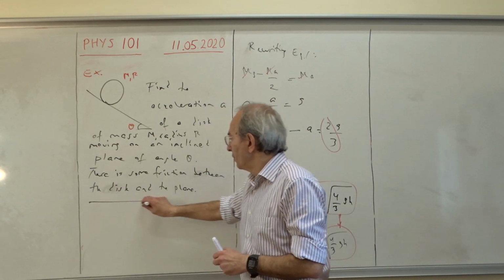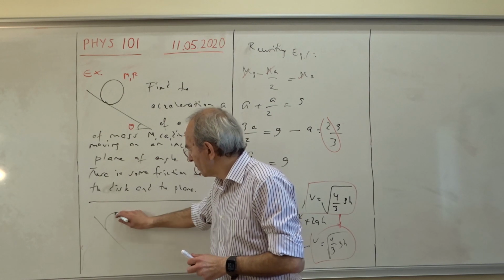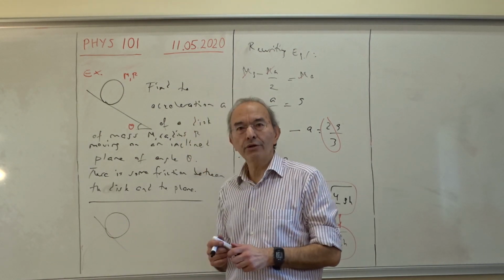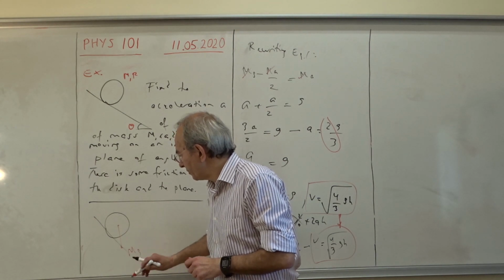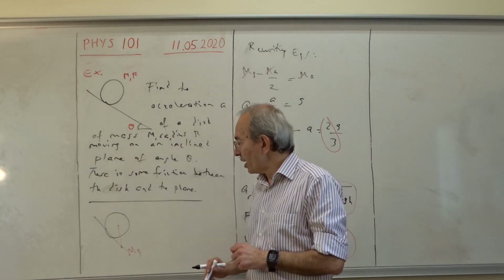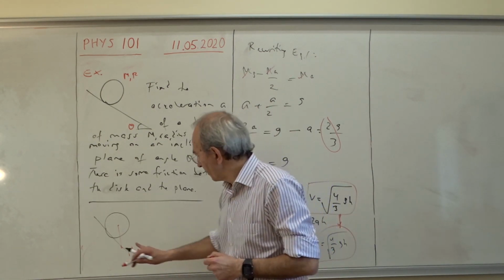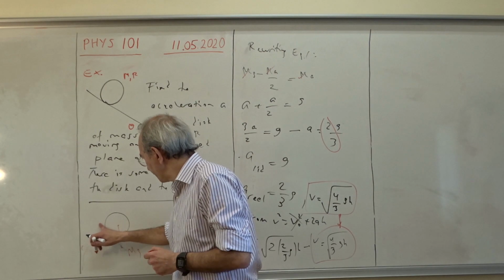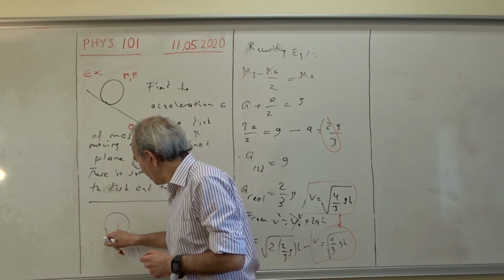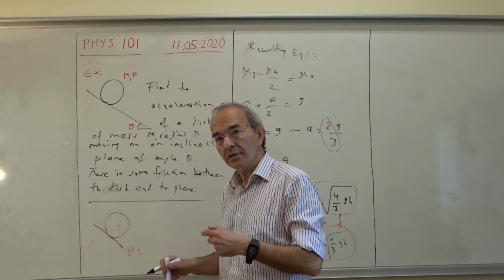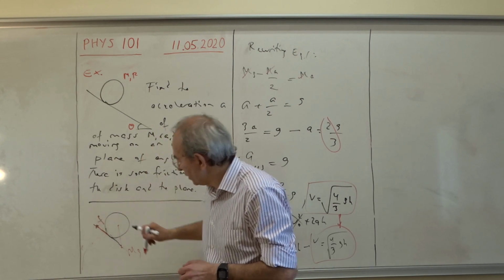Alright, now let's draw the free body diagram, because this is the object. What are the forces acting on it? One is the weight mg. The other is the friction acting between the plane and the disk, the force little f.